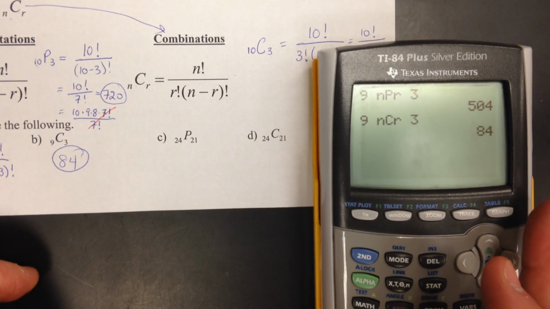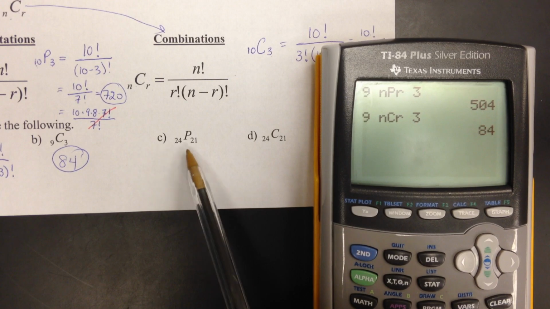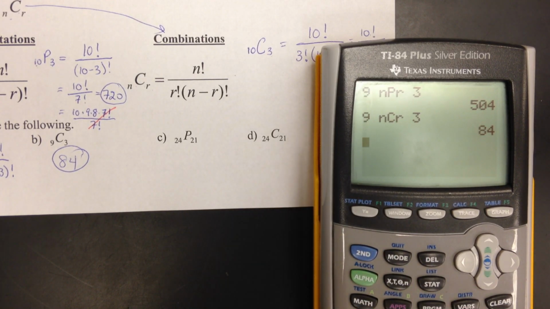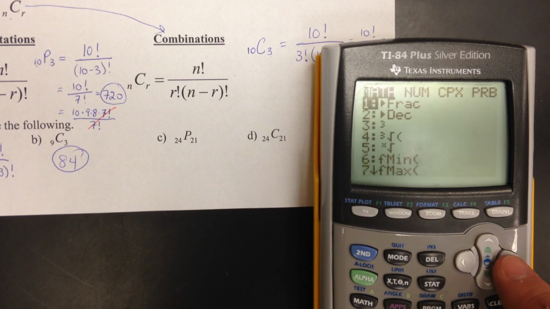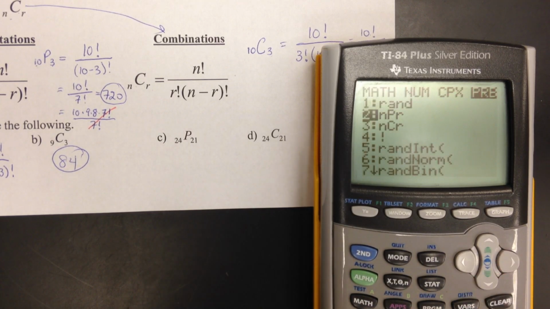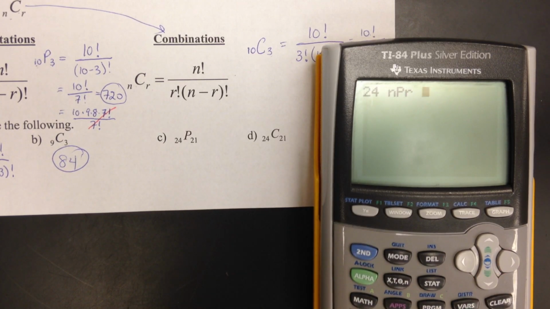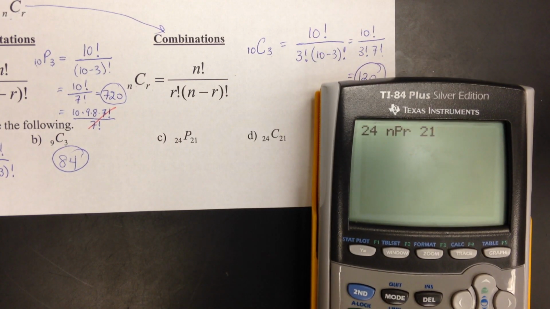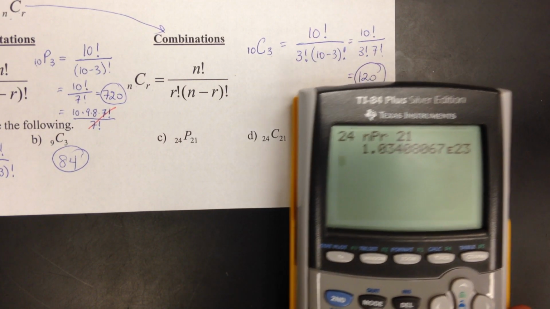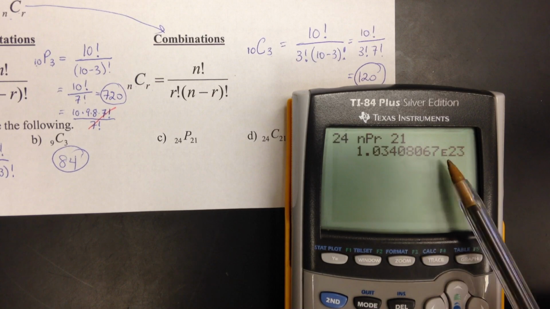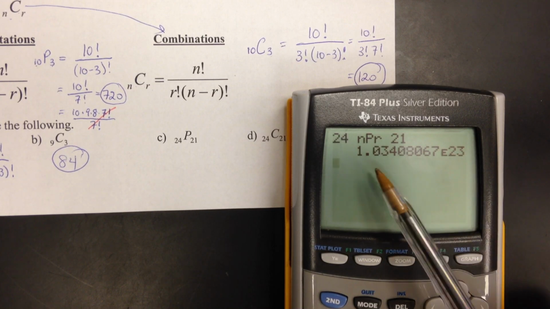Now let's do these last 2 here. So a permutation, 24 objects, we're going to choose 21 of them. So 24 math, nPr for permutation. Now we're going to choose 21. That's a lot of choices. And it's 1.03 times 10 to the 23rd.